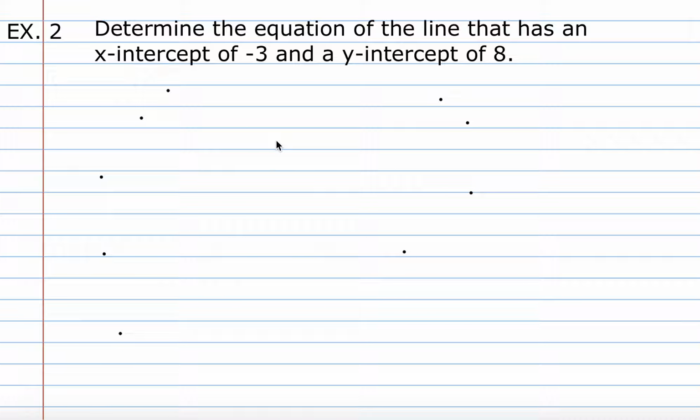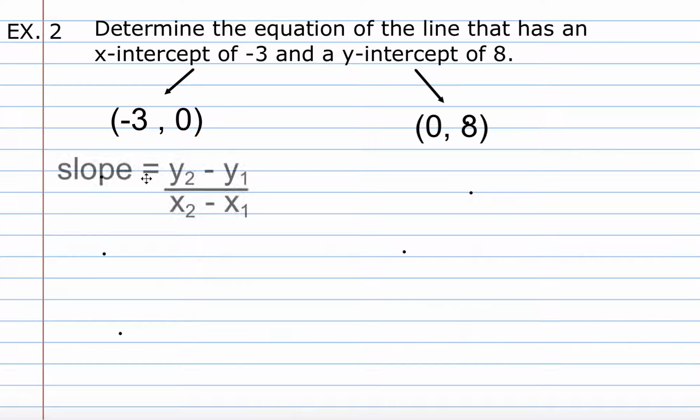Now this one's a little bit harder. We need to remember that an x-intercept of negative 3 actually tells us the point (-3, 0), because when we're finding the x-intercept, we set y to be 0. Same thing for the y-intercept, where we set x to be 0. So now we've got 2 points. I think we did this exact example actually on the last note, but we'll do it again. We're going to find the slope, y2 minus y1 over x2 minus x1.